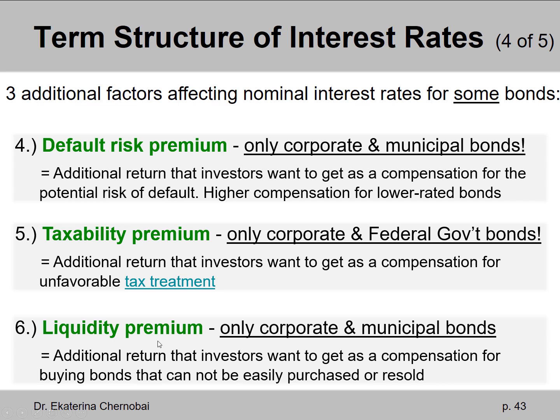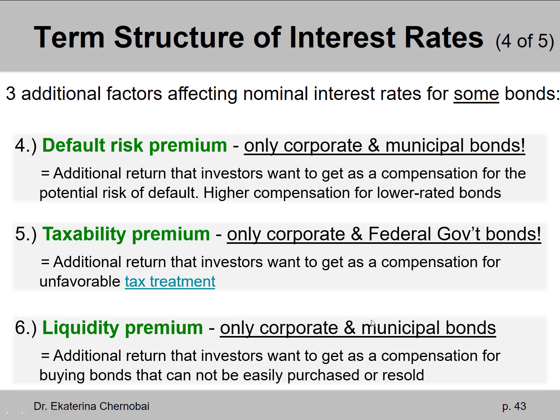And the last thing that actually never came up anywhere in this chapter is known as liquidity premium. So what else could investors require a compensation for? Some bonds are difficult to find. They're not traded very frequently. That's corporate bonds and municipal bonds. Federal government bonds are actually traded very actively, so they're very easy to buy or sell. And so corporate and municipal bonds that don't sell very frequently are said to be not very liquid.